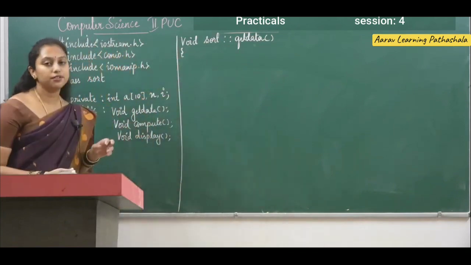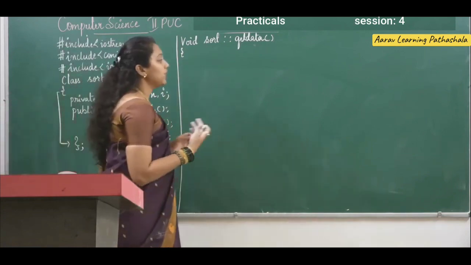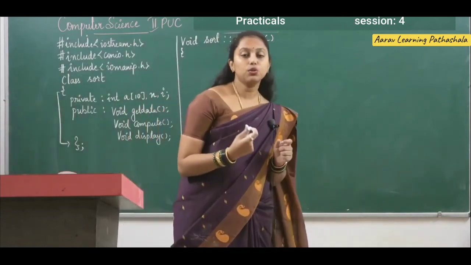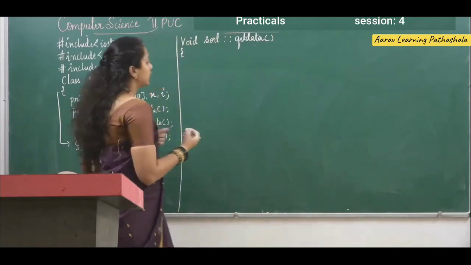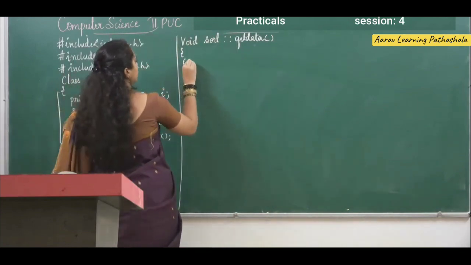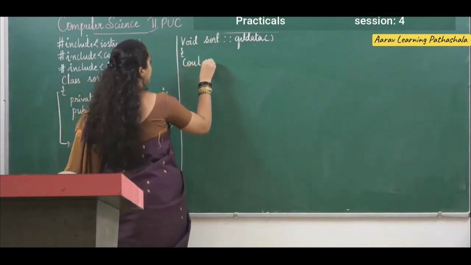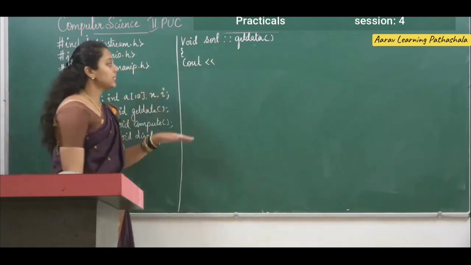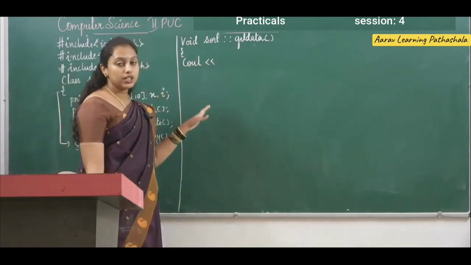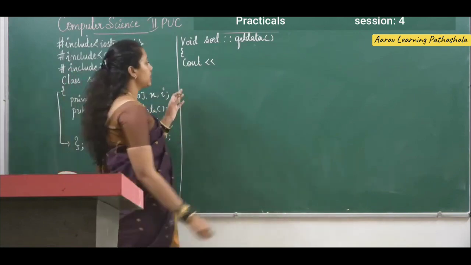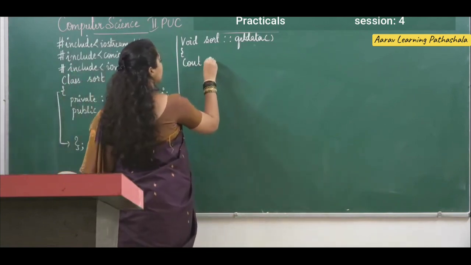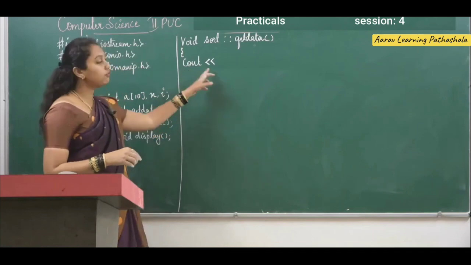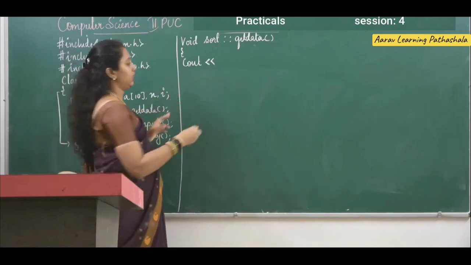What are the required pieces of information we have to get from the user? The information to be displayed on the screen is sent using the insertion operator, that is, the cout statement followed by this insertion operator.